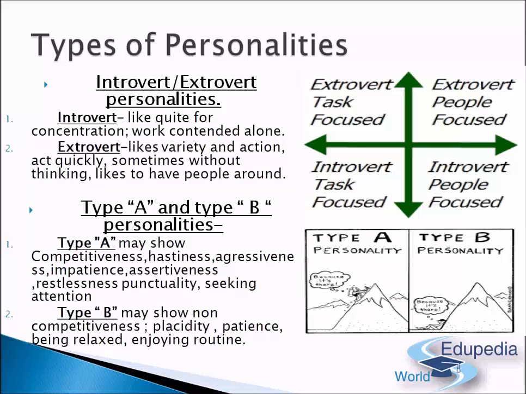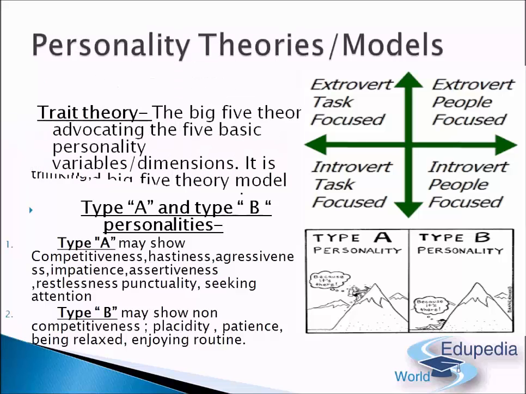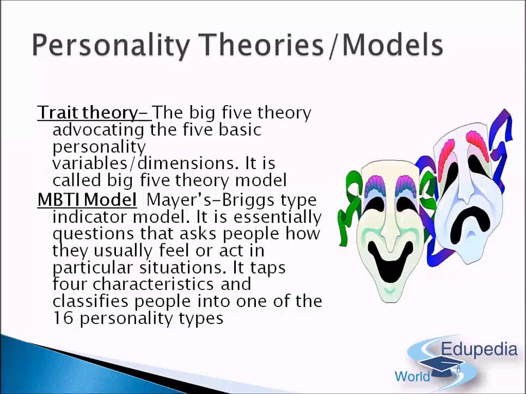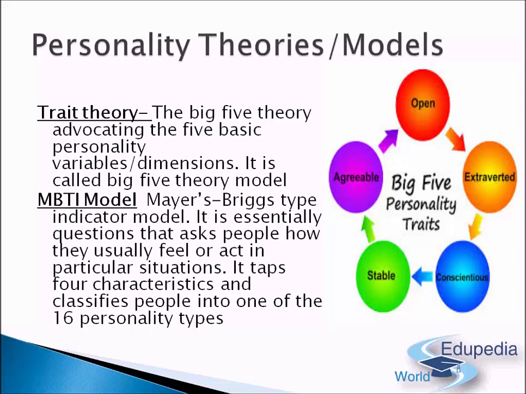Now, having understood these two categories of personalities, let us come to the theories of personality, or the models which are famous. There are two famous models for explaining personality and its dimensions. One is trait theory and the other is the MBTI model.